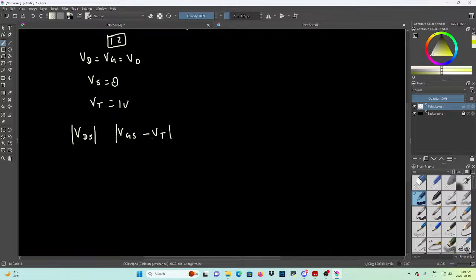And VGS minus VT: VGS is VG minus VS, so VG is VO minus VS, that is 0, so that is VO, but we are subtracting another one, that is VT. So this is VO and this one is VO minus 1, so VDS is definitely greater than VGS minus VT, therefore this is also in saturation. So we can say T1 and T2 are in saturation.